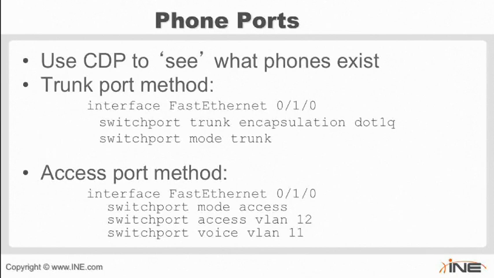It's still using .1q, essentially allowing .1q headers on top of Ethernet frames to come into the switch, but it's just checking their VLAN ID. And if the VLAN ID equals whatever the voice VLAN ID command is set to in the Catalyst switch, then it will automatically go ahead and allow that traffic to come in.